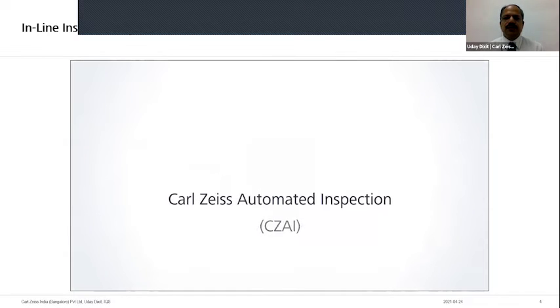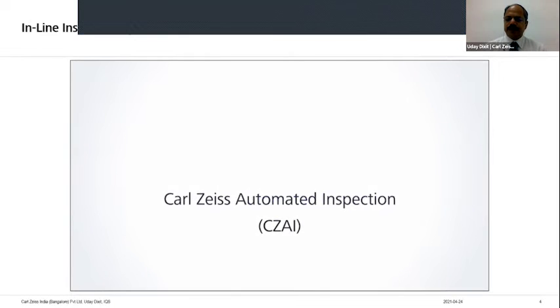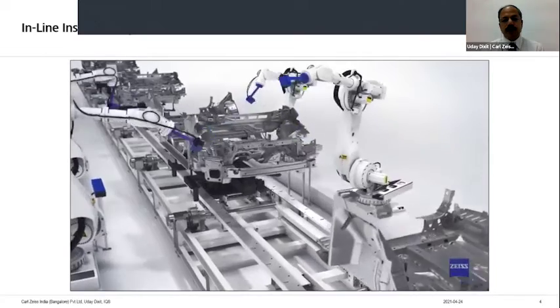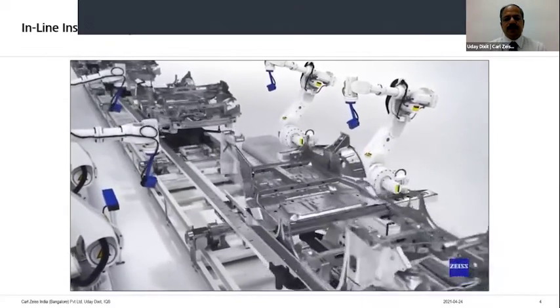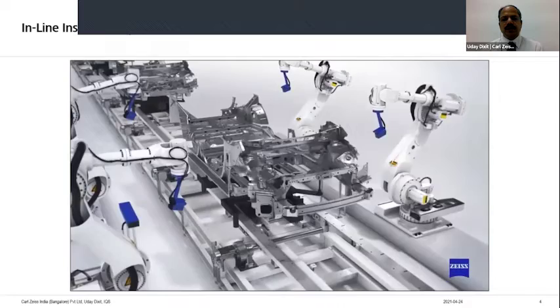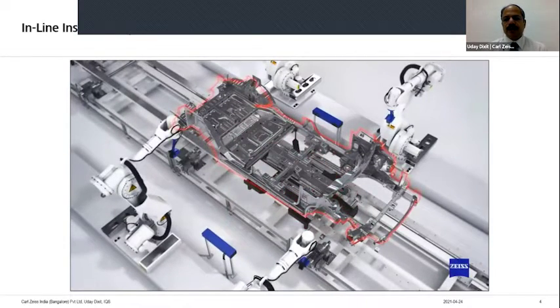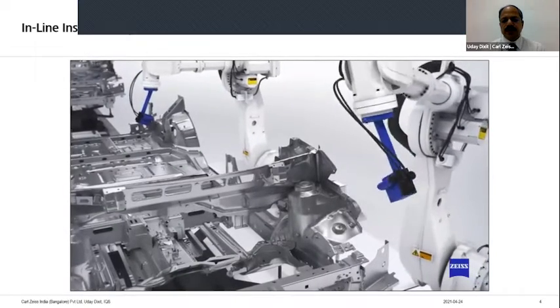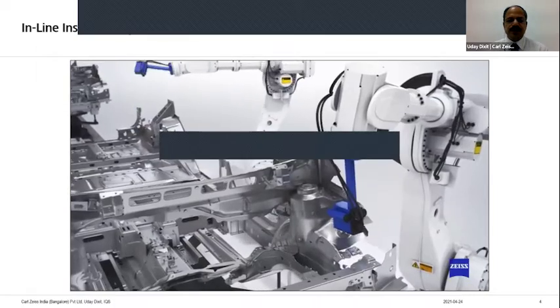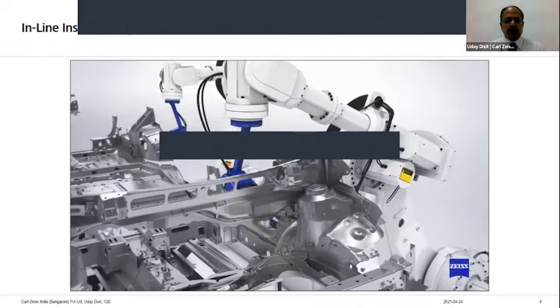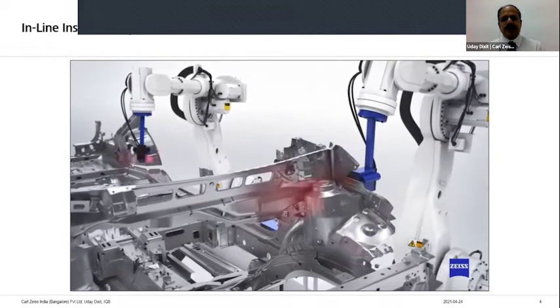Most of the examples here are the car body, which is a major application, but it can be employed for other applications such as aerospace or white goods manufacturing. Here the part comes on a conveyor after going through several operations, and the sensors mounted on a robot look for all the positions: whether the slot is in the right position, the nut is welded in the right position, whether the hole is drilled or not, or if there is any missing operation.